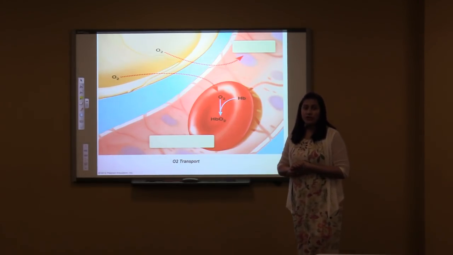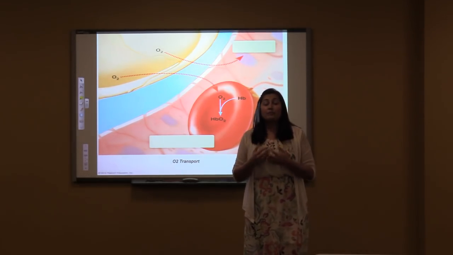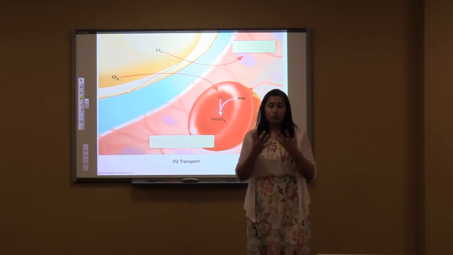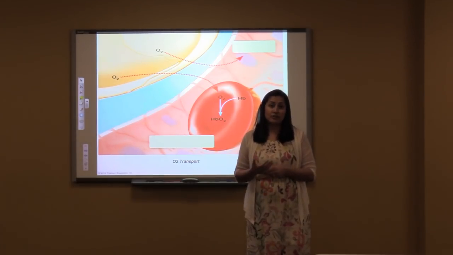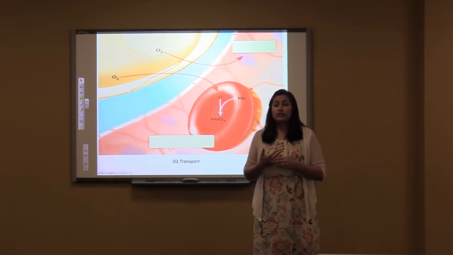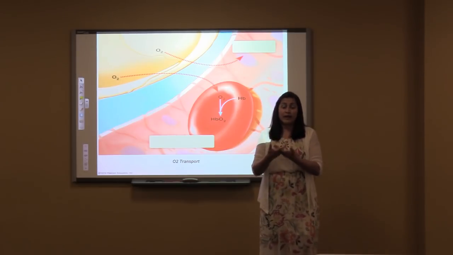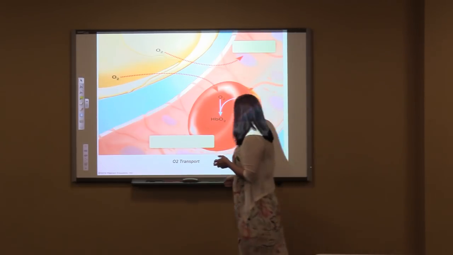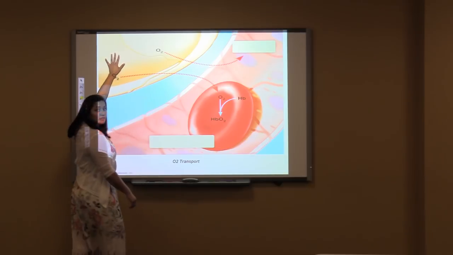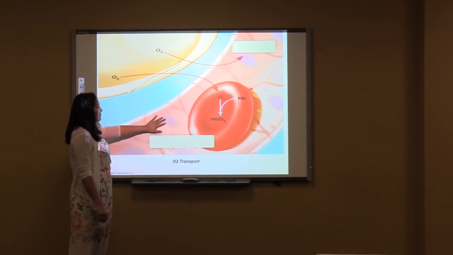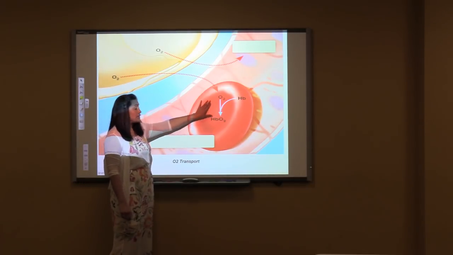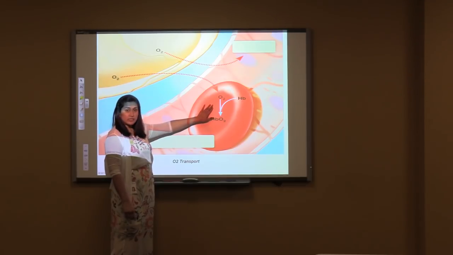Now, this is showing you what happens to oxygen once we inhale it and it enters our capillary. It's actually transported by binding to hemoglobin. So here is the alveoli, here is the capillary, and here is the red blood cell.